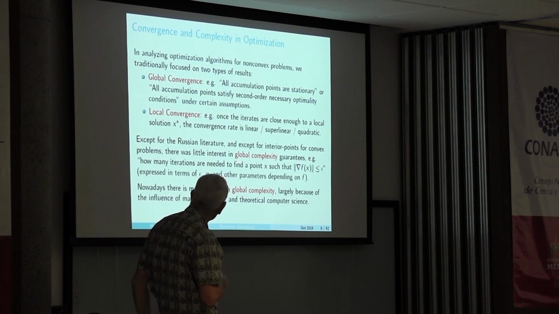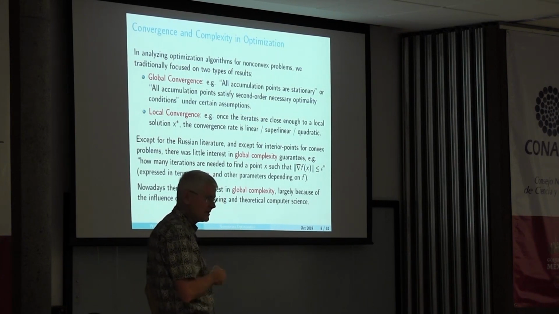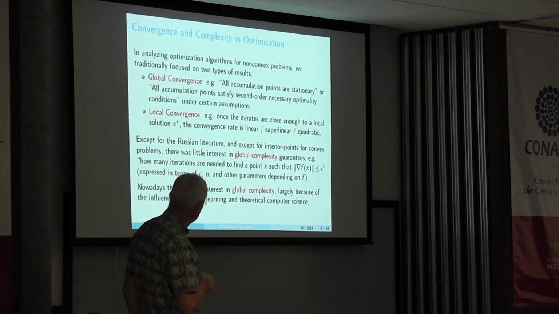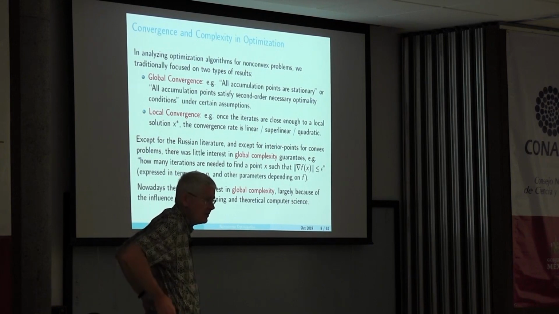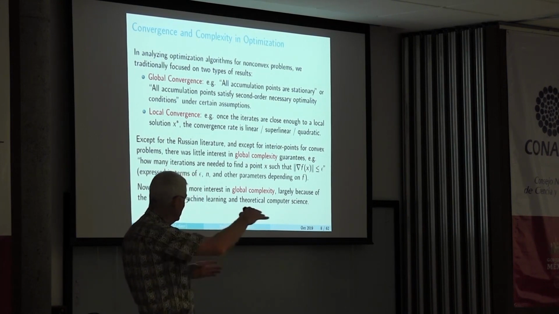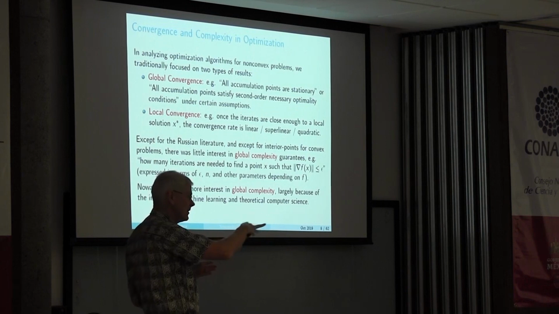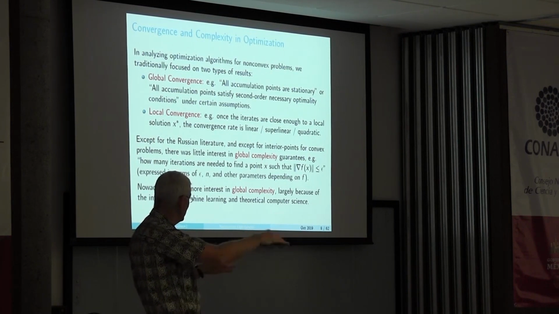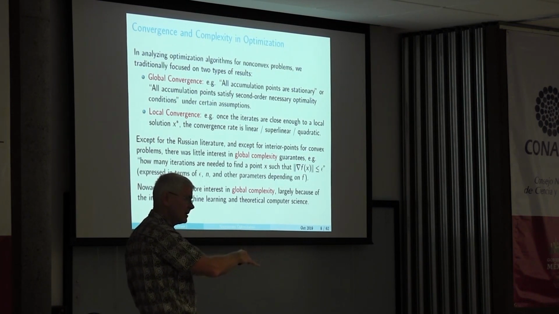All right? So these are the kinds of results we used to prove, but in recent years people have been interested in proving another kind of result, which I'll call a global complexity guarantee. And this is a result that gets an overall bound on the number of iterations you'll need to get from the starting point to an approximate solution. Okay?